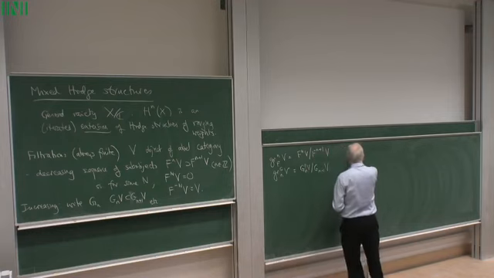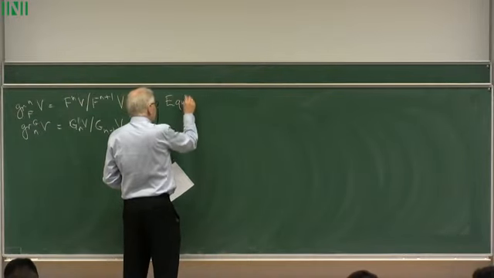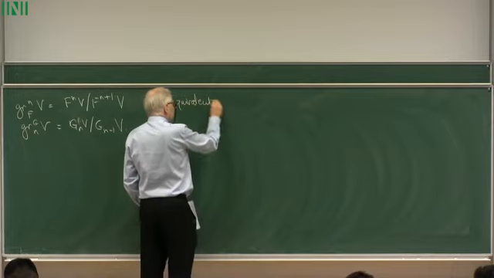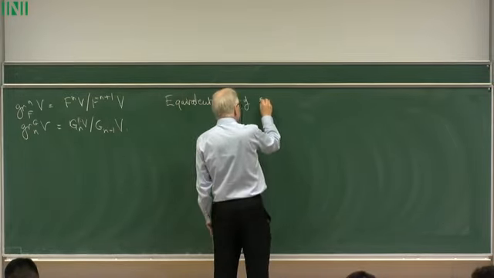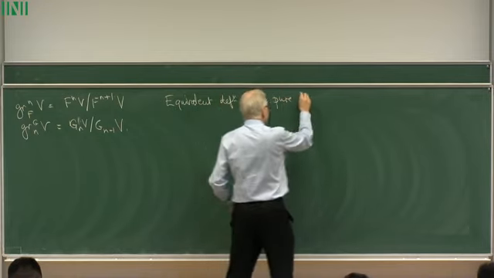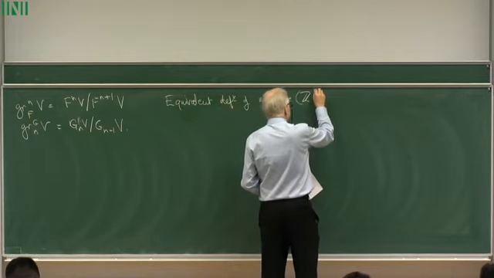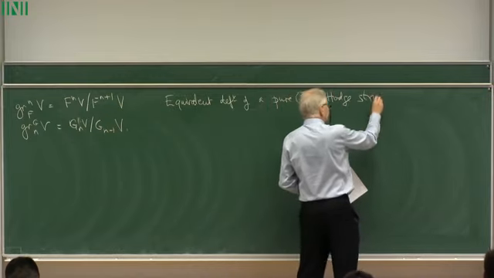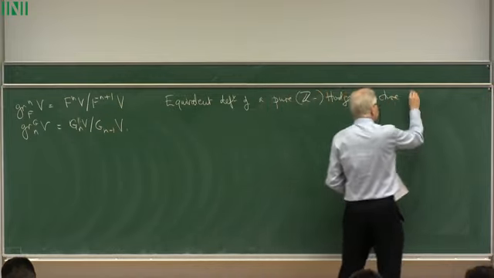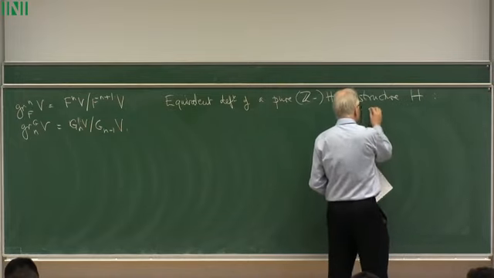So then you have an equivalent definition of a pure Z Hodge structure, from last time, of weight n.